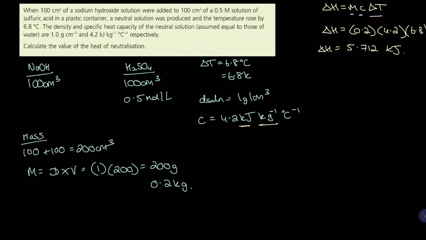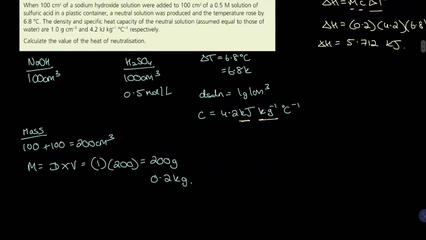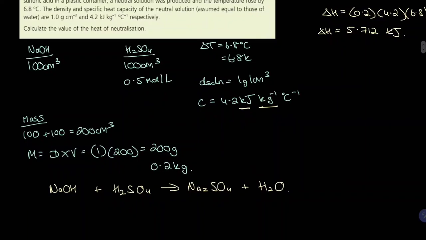So the next step is to just, for clarity's purposes, write out the actual equation, what's happening. So we have NaOH and we have sulfuric acid, and that forms these two compounds there. So if you notice, it's now going to be 2 moles of H plus. It's a diprotic acid.